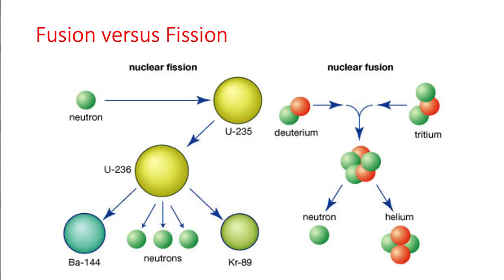What we are interested in today is other processes whereby energy is released, and these are two you may have heard of. The first one, on the left-hand side, is nuclear fission, which is where a neutron is fired at, for example, uranium-235 to make it uranium-236, and it then decays into other products, in this case barium-144, some neutrons, and krypton-89.